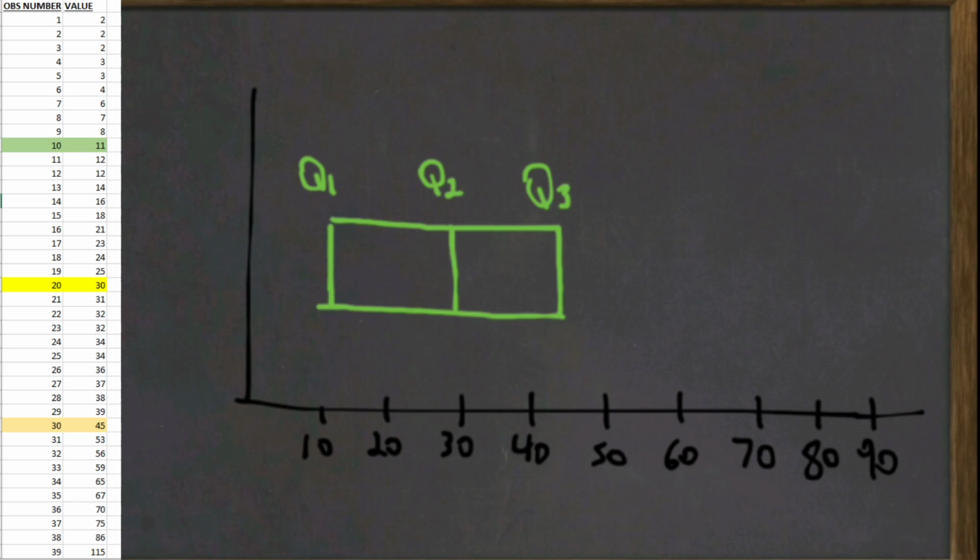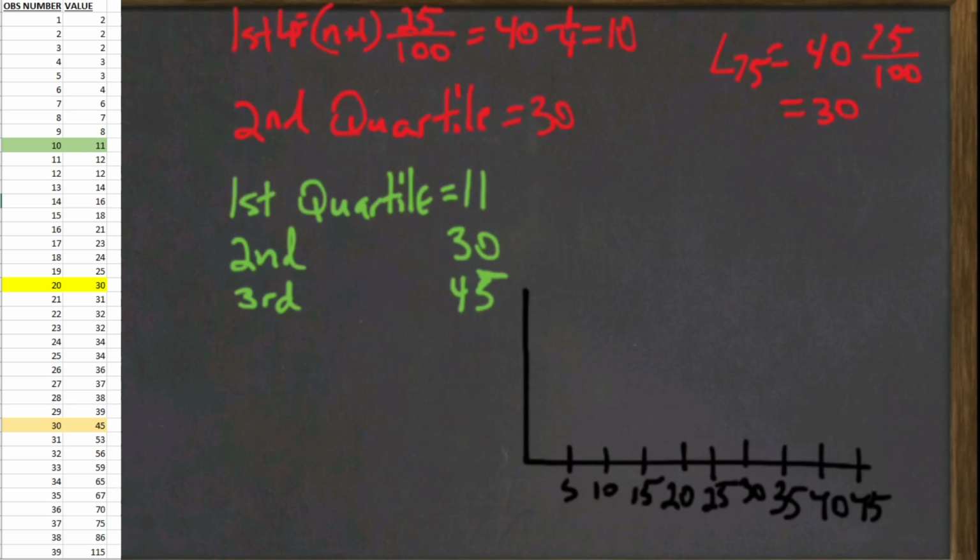Okay. One thing we'll need as we move forward here is what's called the interquartile range. So I'm going to jump back here. The interquartile range, the IQR, is simply Q3 minus Q1.